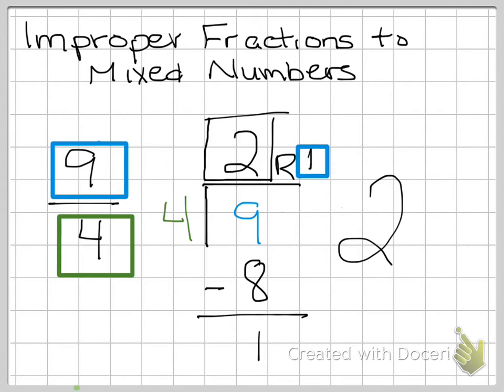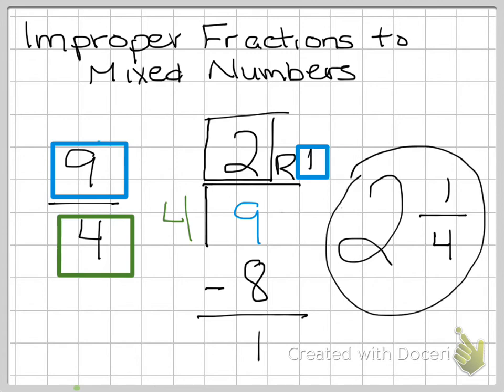This remainder 1 right here is going to become my new numerator. And the 4, which was my denominator, does not change, and it remains a 4. So my answer is 2 1/4.